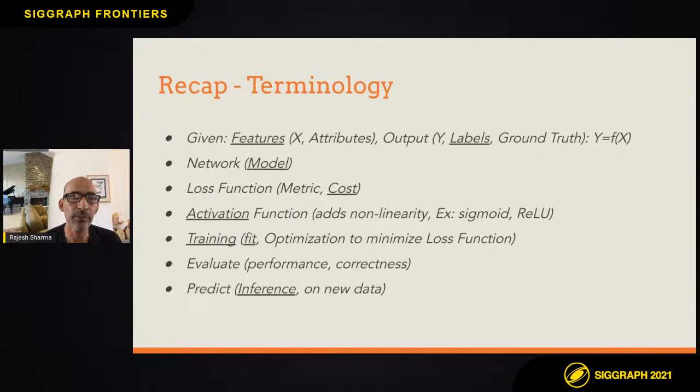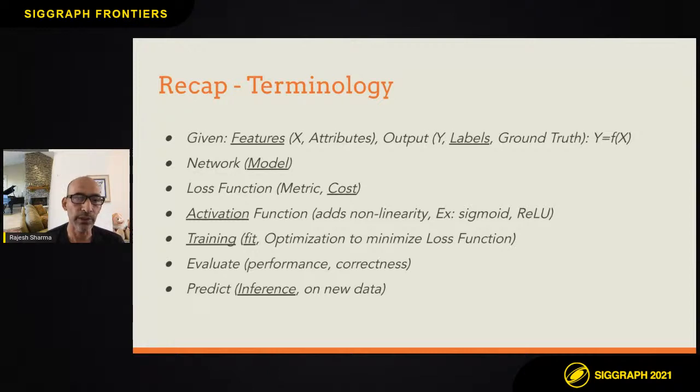So to recap some terminology that we covered last time, you are normally given a set of attributes or features, as they're called, and then a set of known outputs based on those features, and that becomes your ground truth. So that's what you're going to use to train your network. So you build a model to train your network, and then you figure out some kind of a loss function.